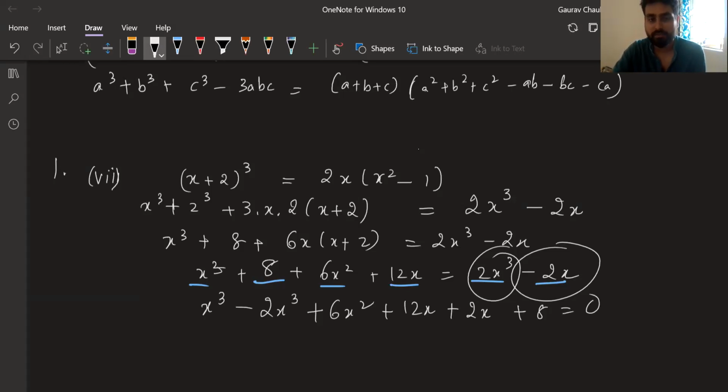X cube minus 2x cube is 1 minus 2, that's minus 1x cube plus 6x square plus 14x plus 8 is equal to 0.